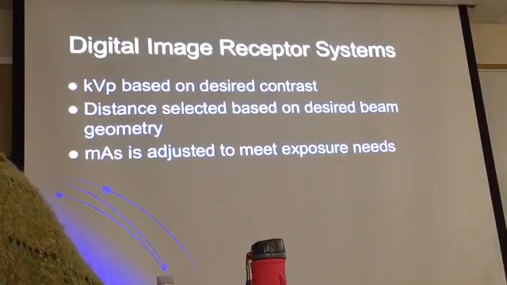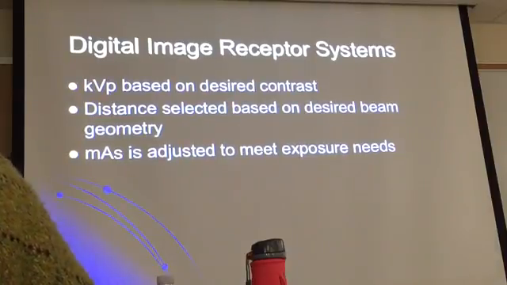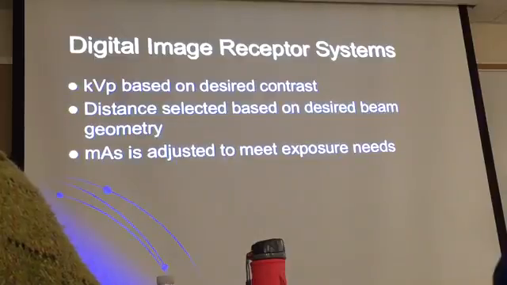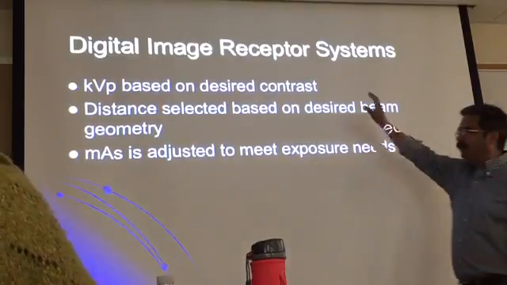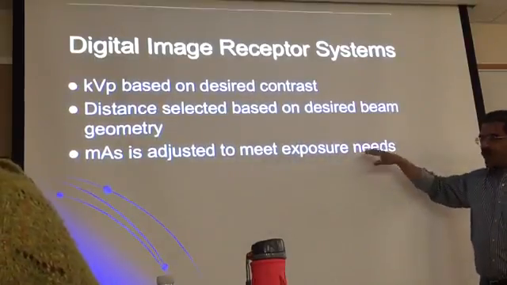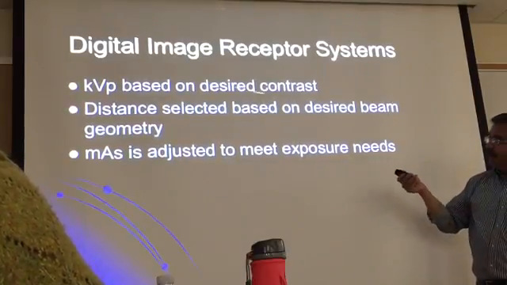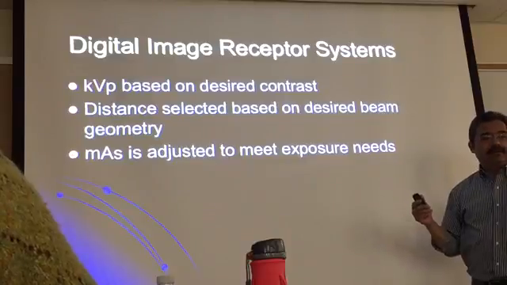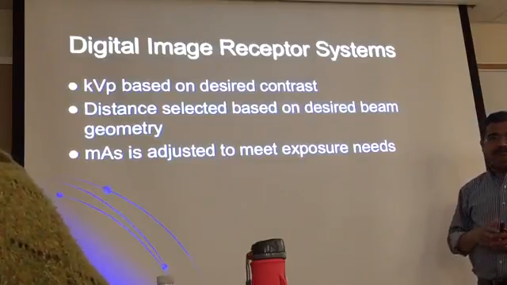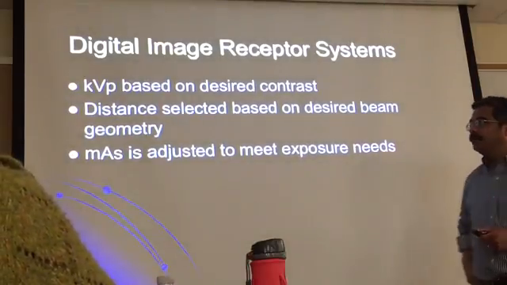And obviously we can think of collimation and grids and cones, but the main thing is kVp. Mass controls the density. However, kVp can also influence density. So mass and kVp.